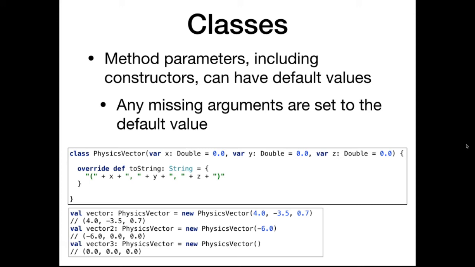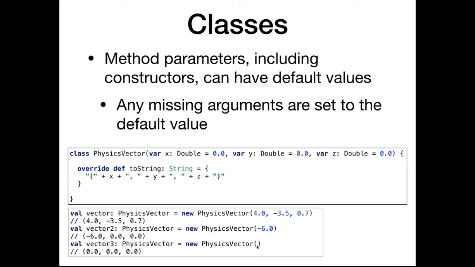So if I don't always want to specify x, y, and z for a physics vector, which I don't, I can have default values and only give it the values that I want to assign. So for example, if I do PhysicsVector of -6, x is going to get the value -6, and since y and z were never specified when I called the constructor, they're going to revert to their default values. So I get -6, 0, 0.